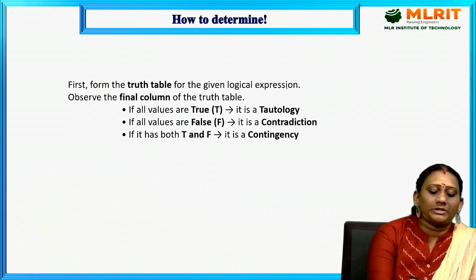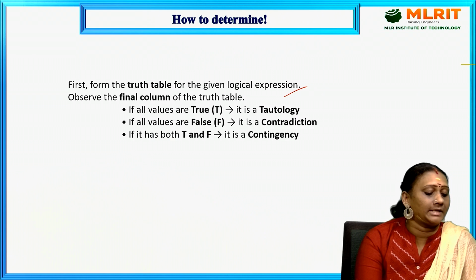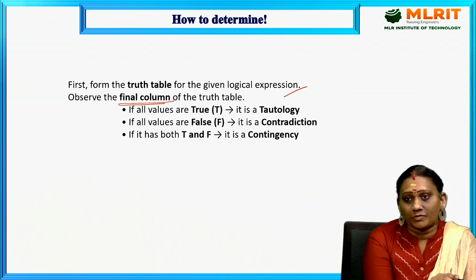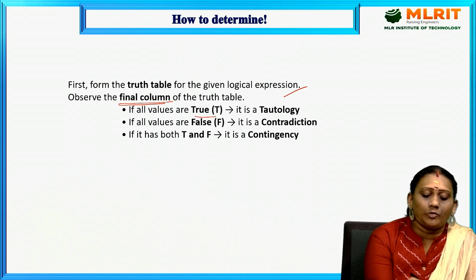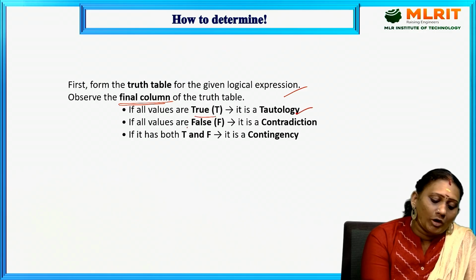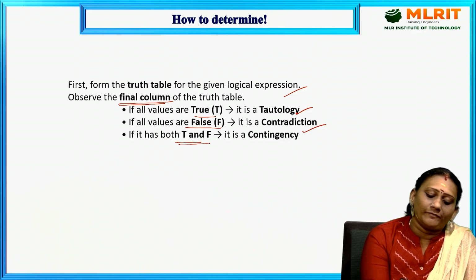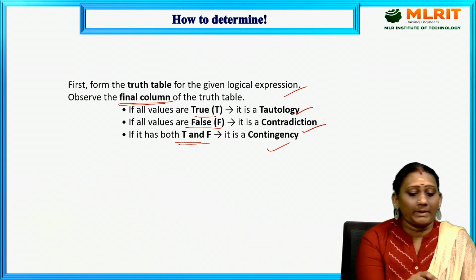From the truth table, even for a logical expression, we observe the final column. On the basis of the final column, if all values are true, then it is a tautology. If all values are false, then it is a contradiction. If it has both true and false, then it is a contingency.